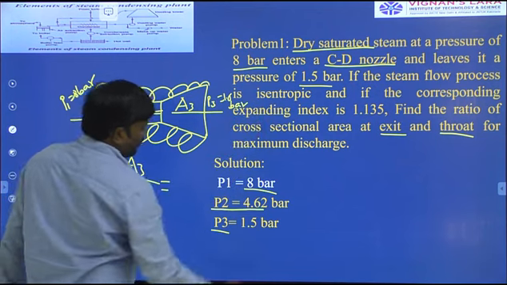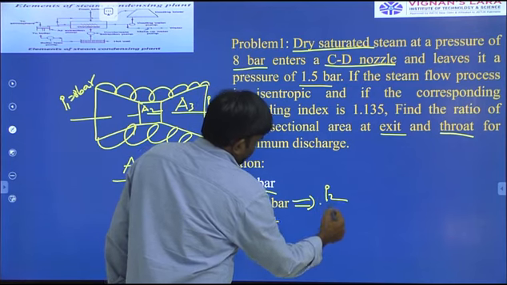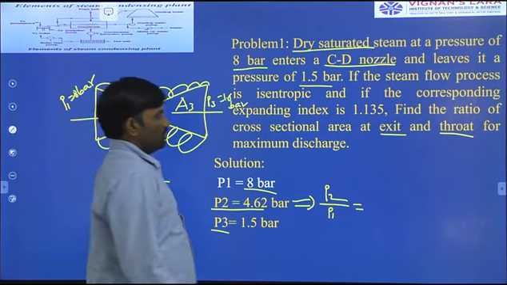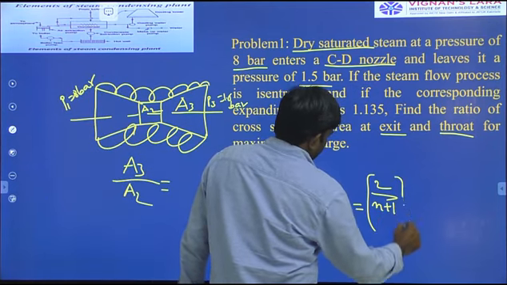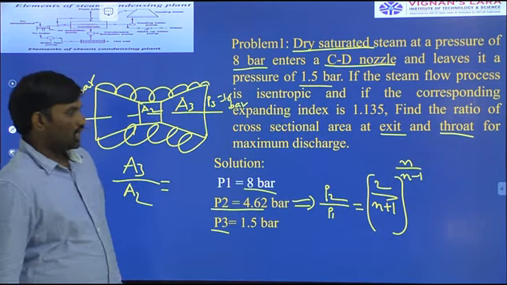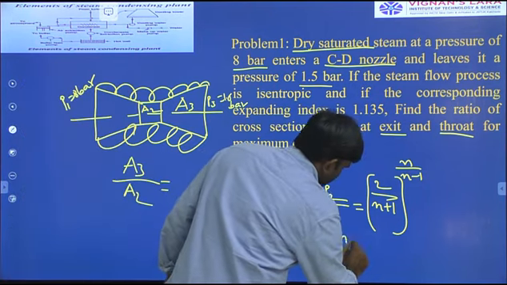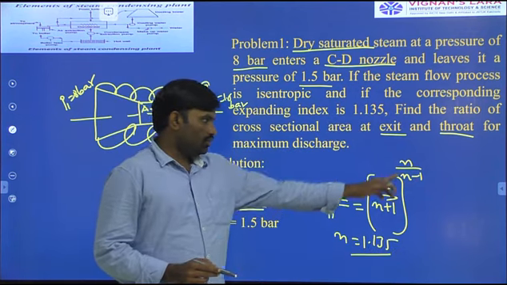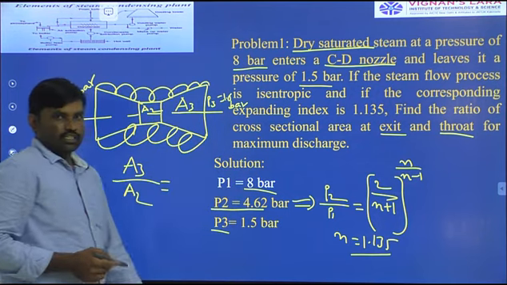The P2 value we have to determine using the formula P2 by P1 is equal to (2 by n plus 1) whole power n by n minus 1. The n value is given in the present problem, that is 1.135. Substituting that n value in this equation, you get the P2 value as 4.62 bar.